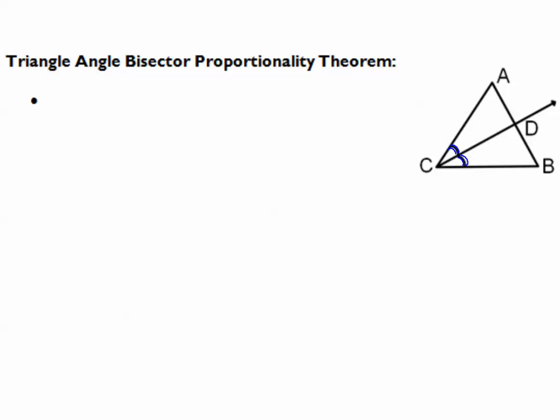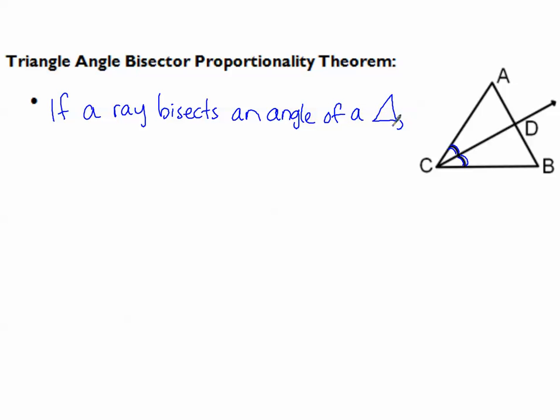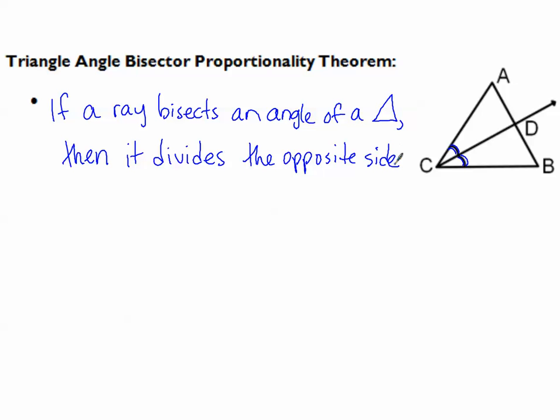Let's write down that. If a ray bisects an angle of a triangle, what happens? Because of similar triangles, and we can take a look at that proof in class, it divides the opposite side into segments.